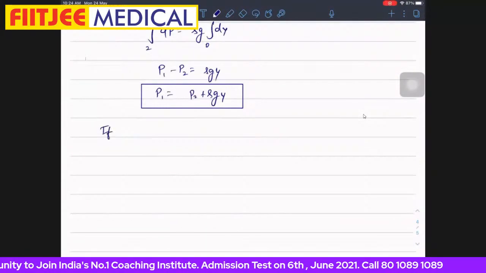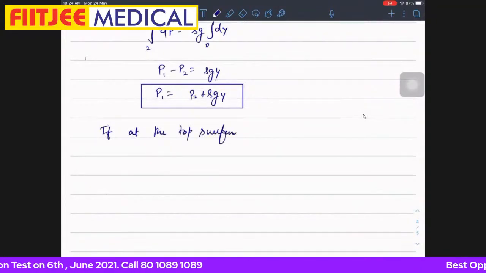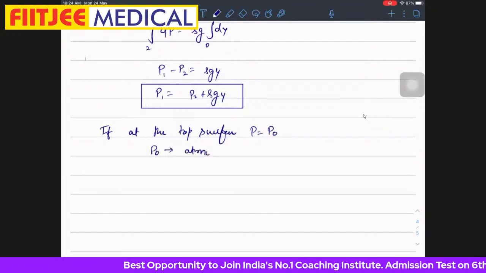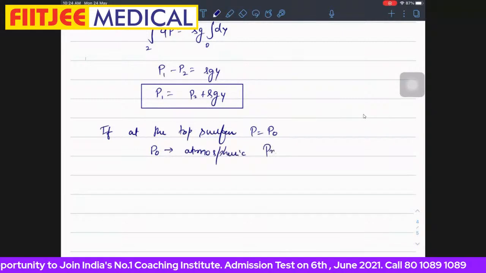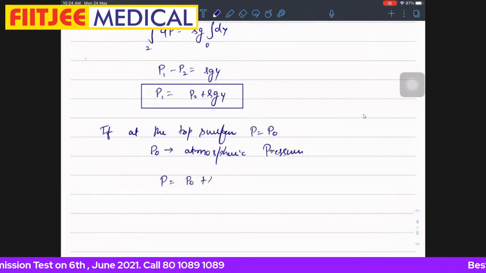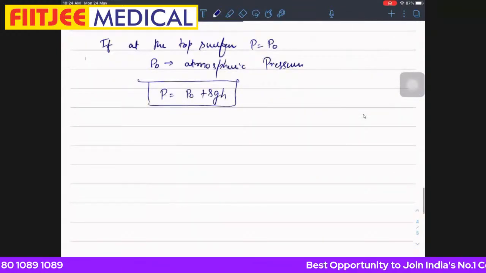If at the top surface pressure is equals to P naught, what is P naught here? Atmospheric pressure. Then what I can write? Pressure variation in downward direction at any point P will be equals to P naught plus rho gh.